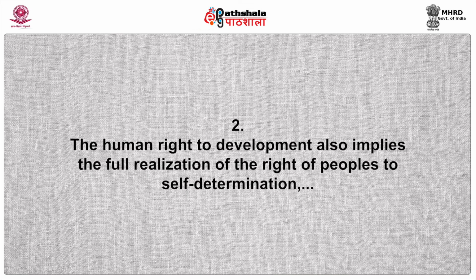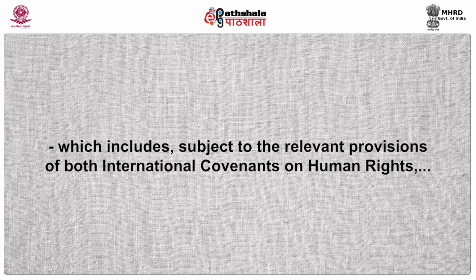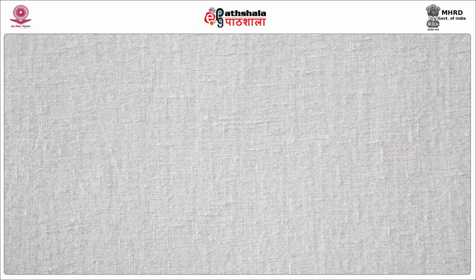The human right to development also implies the full realization of the right of people to self-determination, which includes, subject to the relevant provisions of both international covenants on human rights, the exercise of the inalienable right to full sovereignty over all their natural wealth and resources, Article 1.